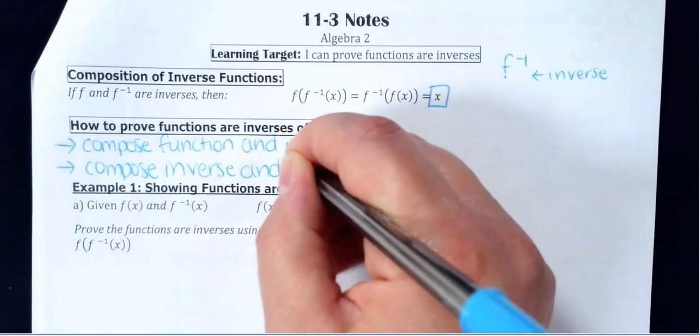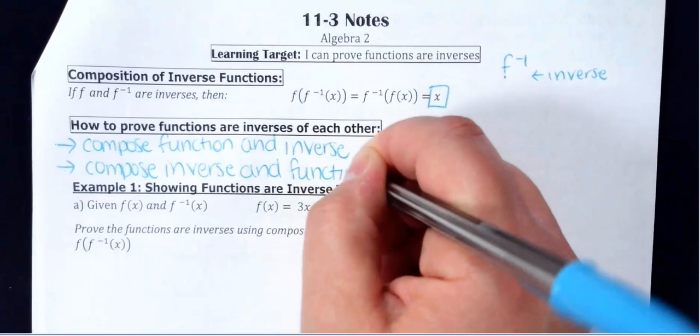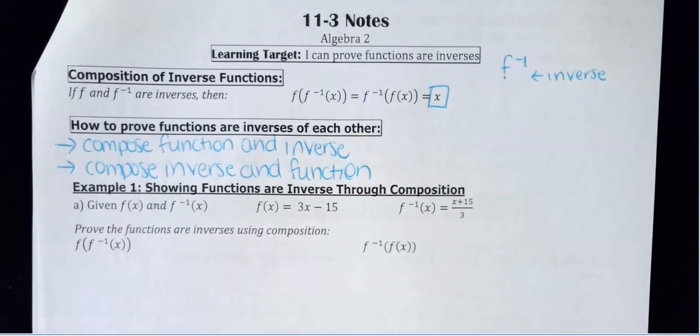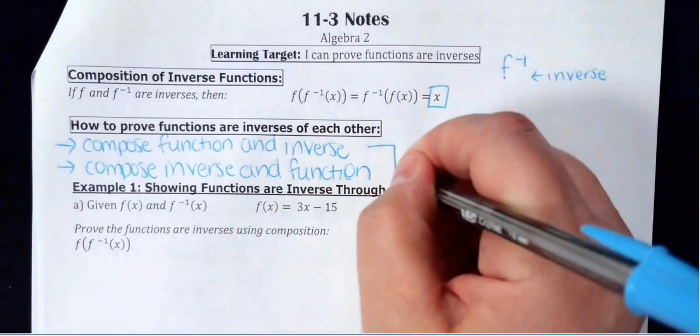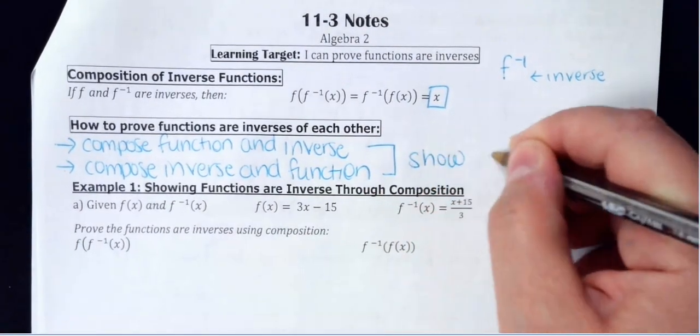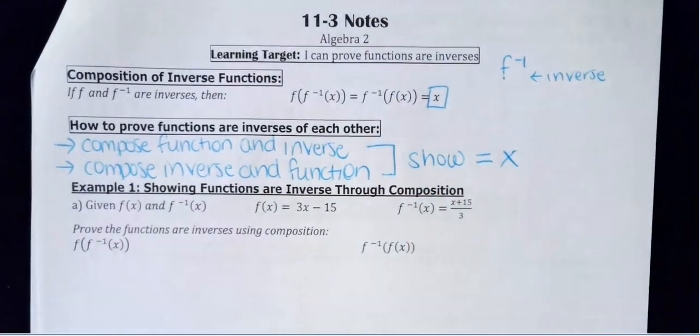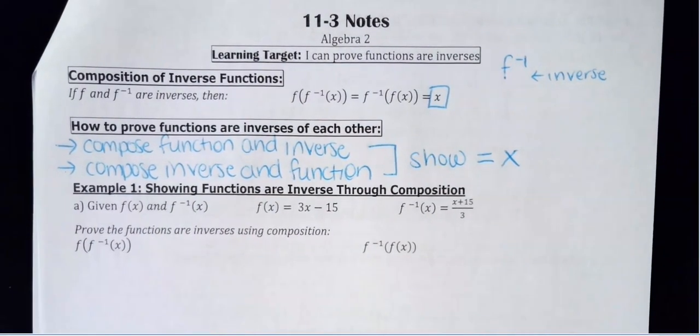It's going to look really similar, but it's reversing the order. You plug the inverse into the function, and then plug the function into the inverse. It doesn't matter which one you do first, but you have to do both and show that both simplify to be x.